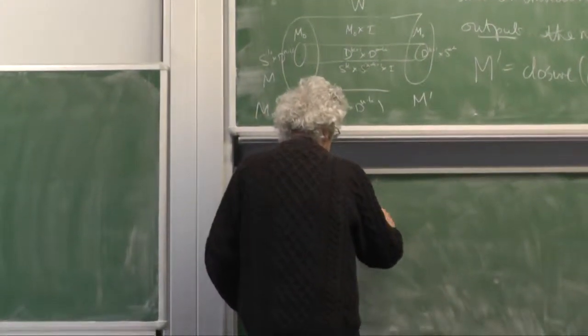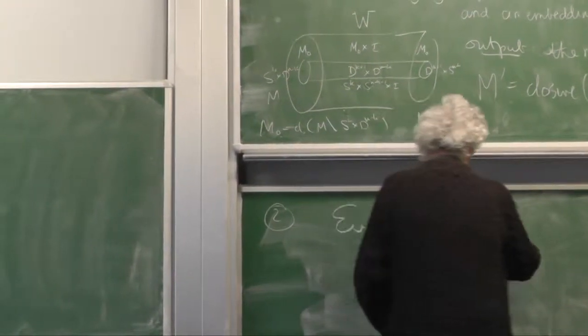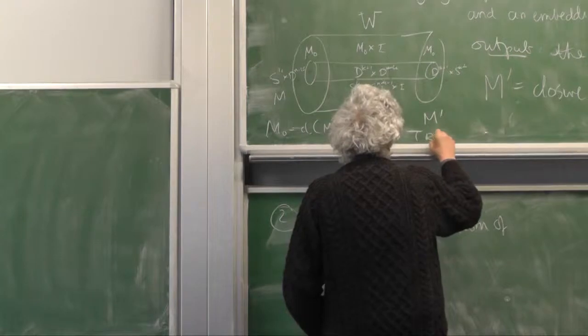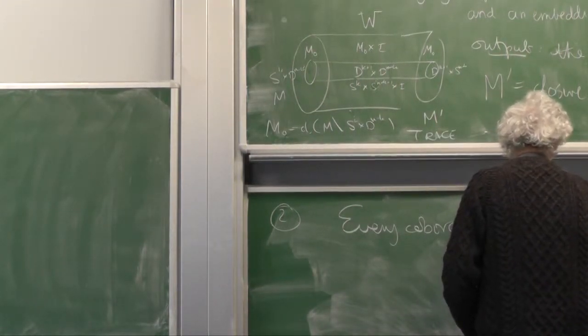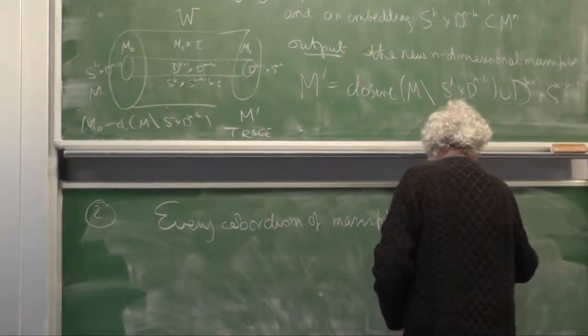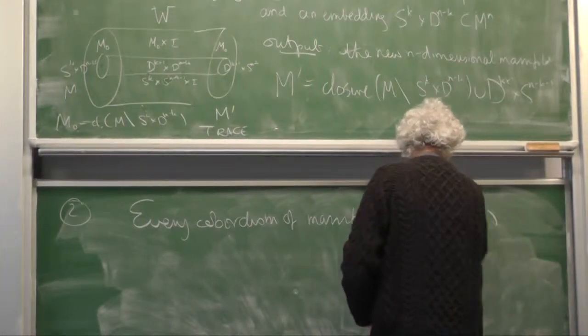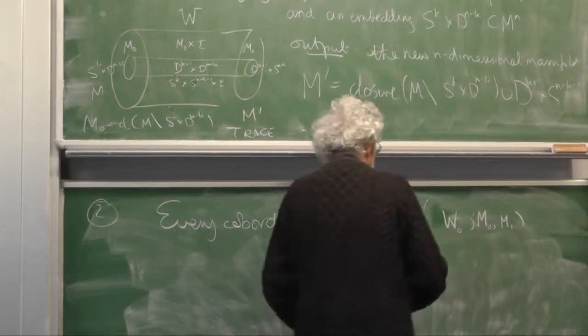Every cobordism of manifolds, this is the trace, of course. Let's call M naught M1, and call this P naught.